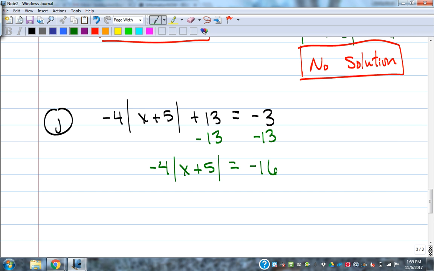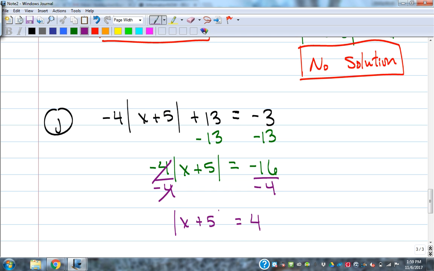And here, is the absolute value completely by itself? No, this minus 4 that's in front of it, we got to get rid of it. We've got to have just the absolute value on that side. So dividing by that negative 4, just like Caleb said, when you divide by that negative 4, negative divided by negative turns that back into a positive.